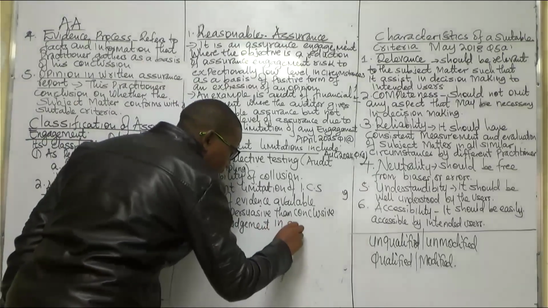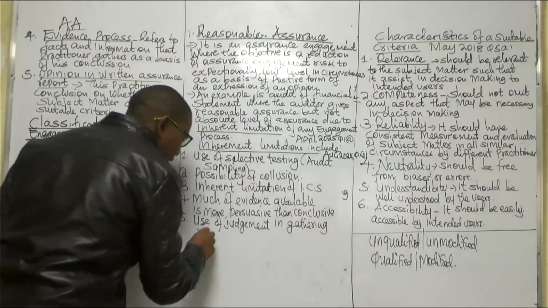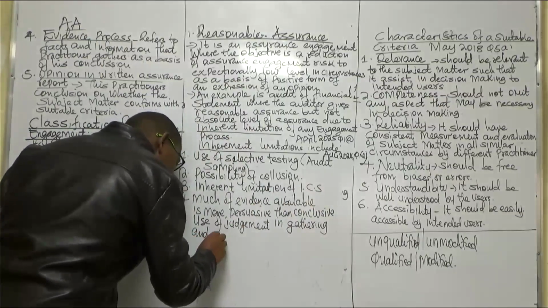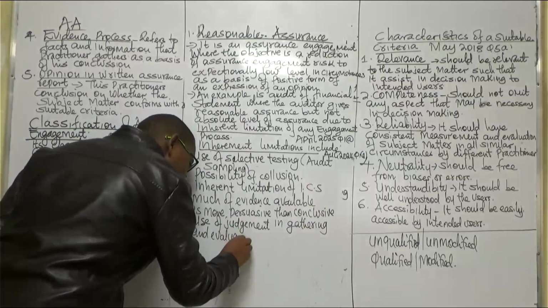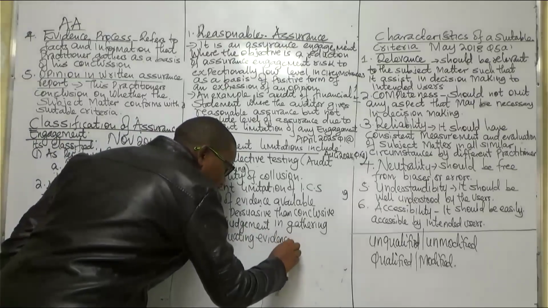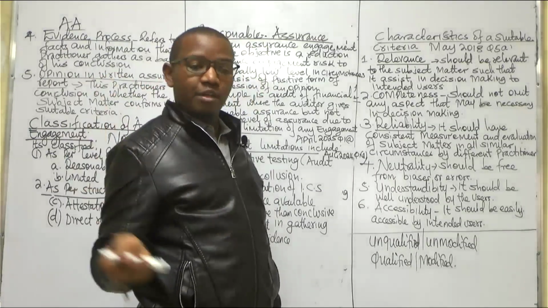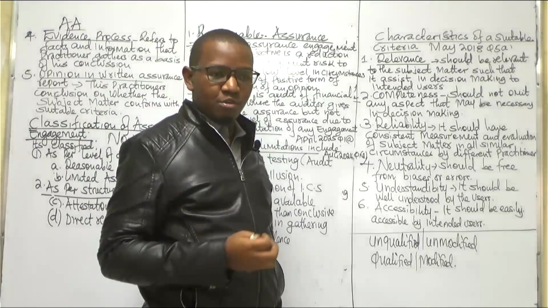Judgment in gathering and evaluating evidence. Now this is what we mean. Here an auditor is giving out a judgment, a provisional judgment.